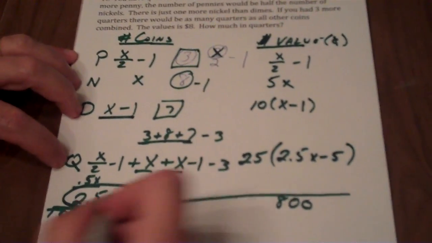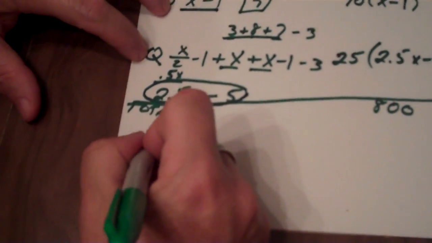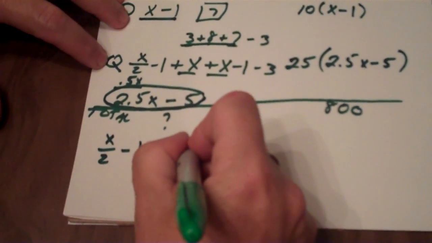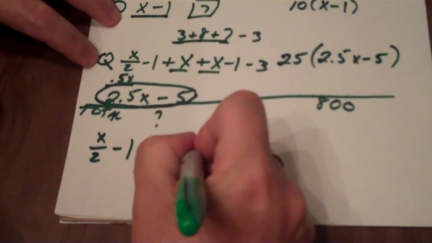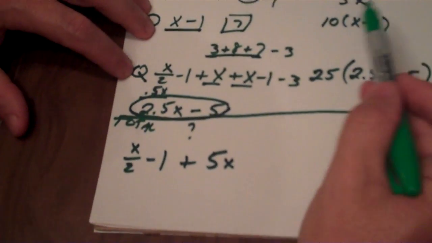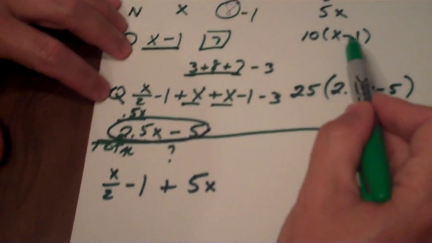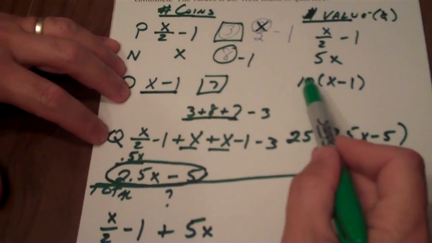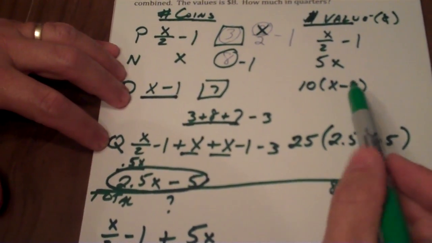So I literally take, down here, the value of my pennies plus the value of my nickels, and in the interest of space here, I'm going to go ahead and distribute my dimes. 10 times x is 10x, and 10 times minus 1 is minus 10.